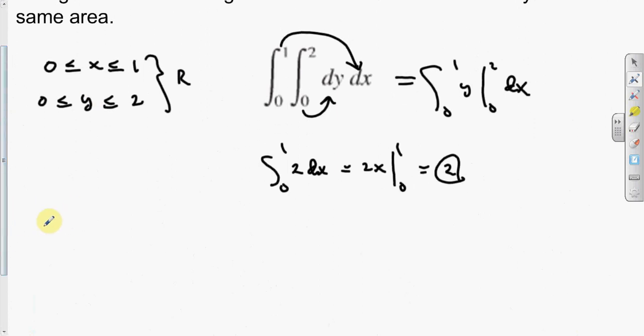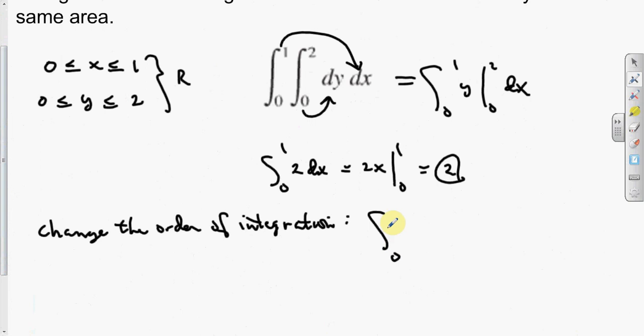So if we change the order of integration, we get the integral from 0 to 2, the integral from 0 to 1, dx dy.